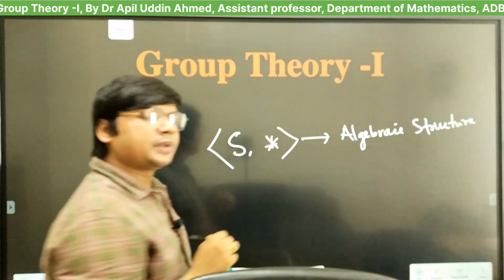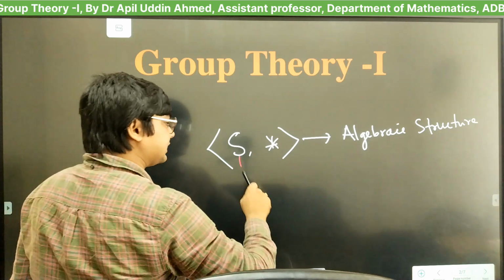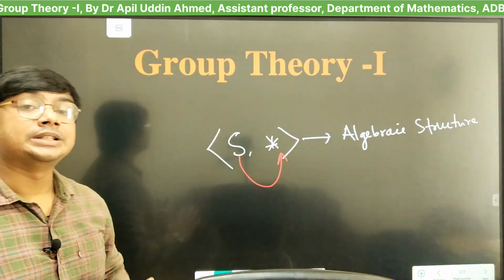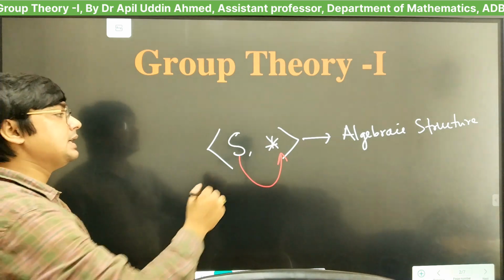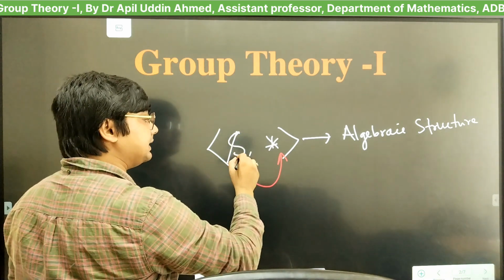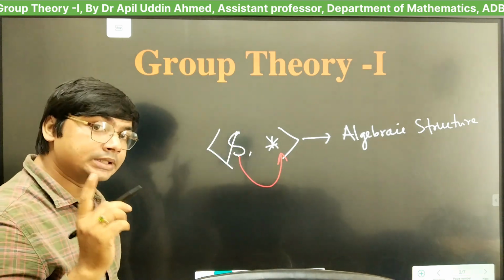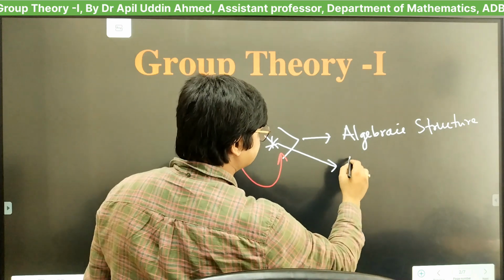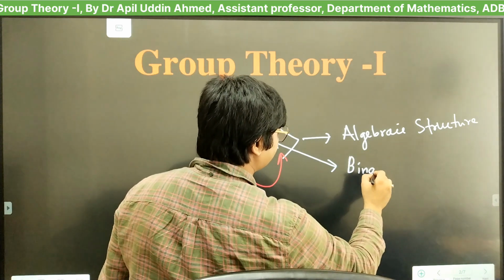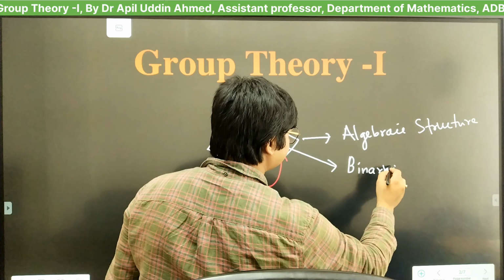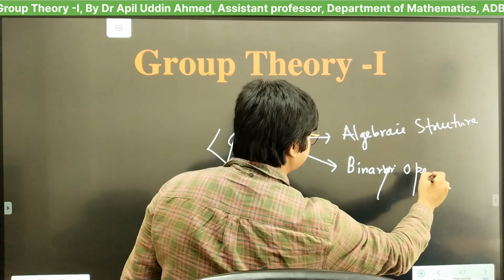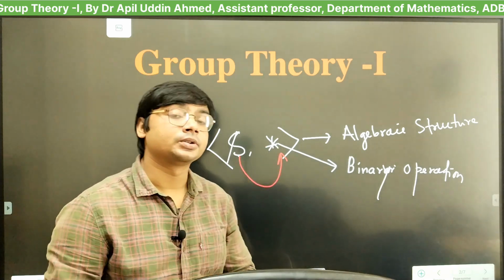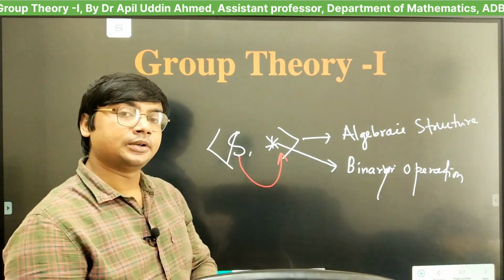Now if this set S is closed with respect to this operation star, then the operation is called a binary operation.